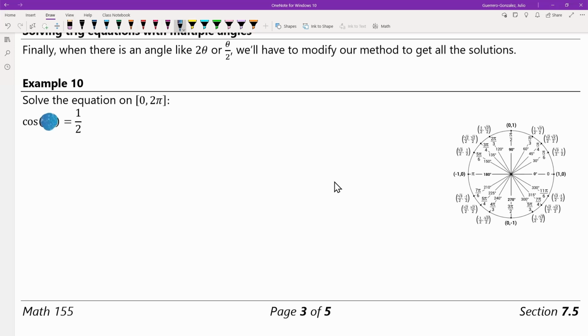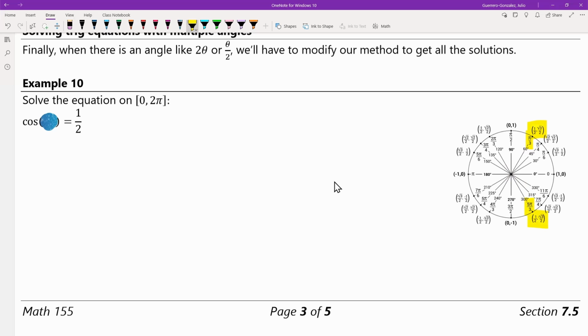We are looking for angles such that the cosine of those angles is 1/2. In our case, two of them do it. Pi over 3 and 5 pi over 3.